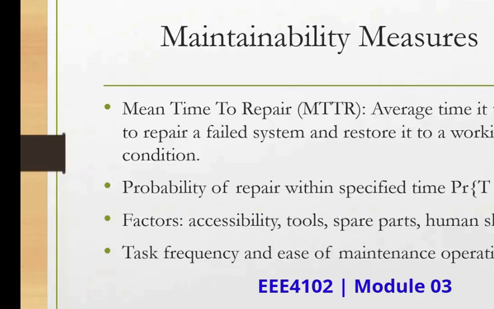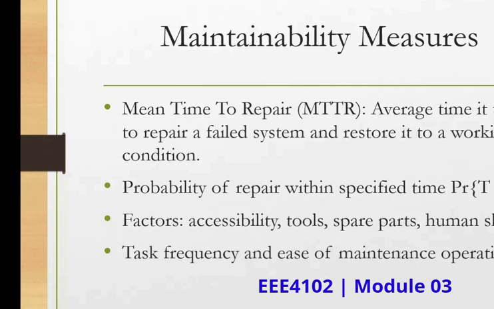Then the third measure, we have factors influencing maintainability. There are several design and operational factors that affect it. One of them is accessibility. Accessibility refers to how easy it is to get to the components.